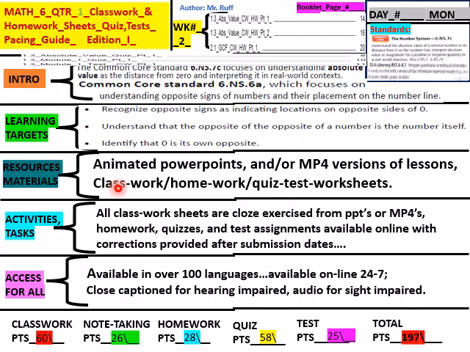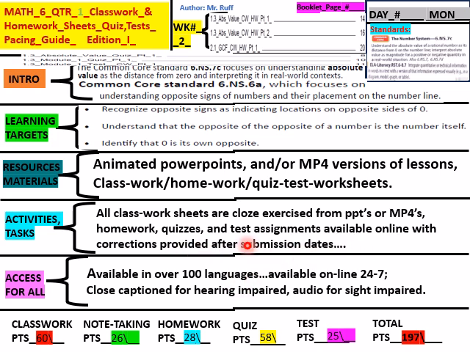Your resources here for week 2, again, are animated PowerPoints or video versions of lessons, classwork, homework, quiz, test, worksheets. Activities and tasks: all class worksheets are closed exercise from PowerPoints or videos. Homework, quizzes, and test assignments available online with 24/7 access, which is down here as well.